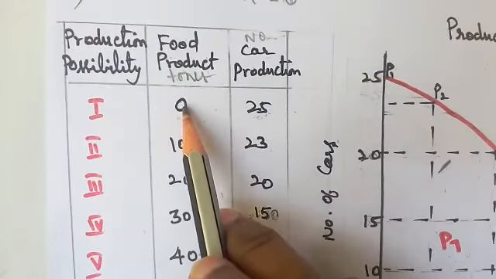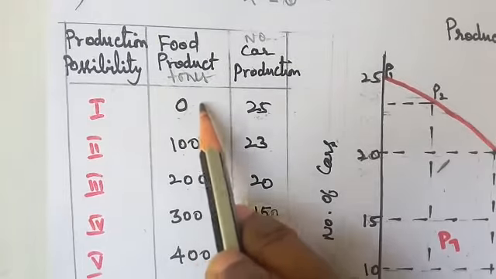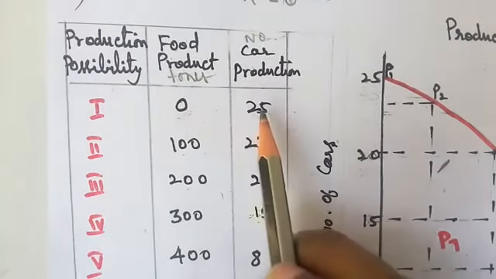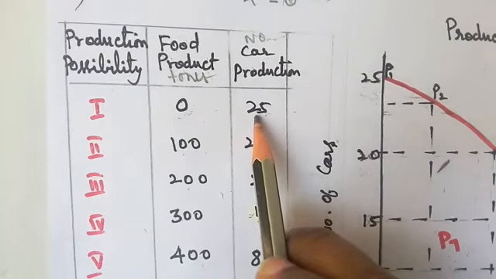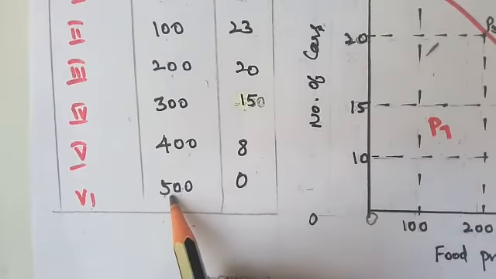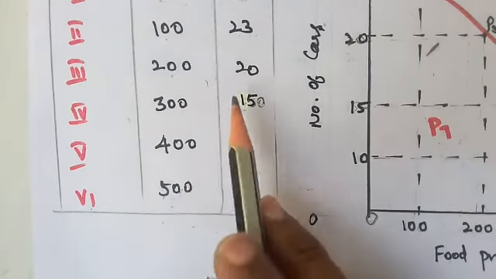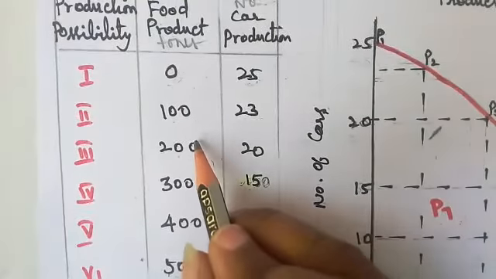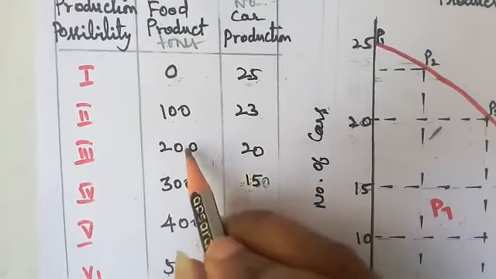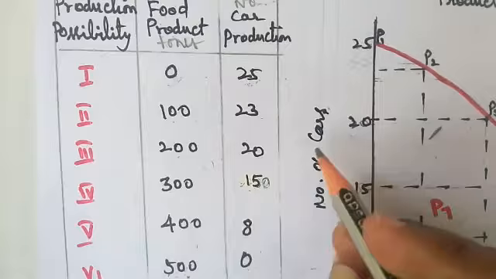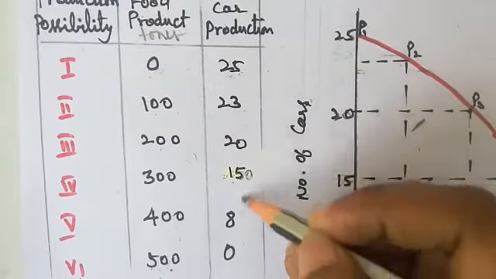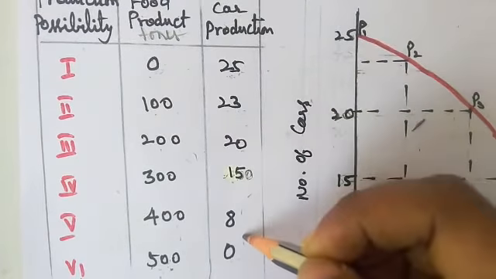If I produce no food product, then I can produce 25 cars. If I produce the full 500 tons, I cannot produce any cars; my car production is nil, 0. If I increase food product to 200, 300, 400, the number of cars will reduce from 25, and keep on reducing.